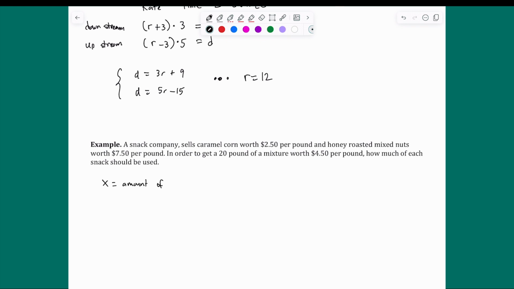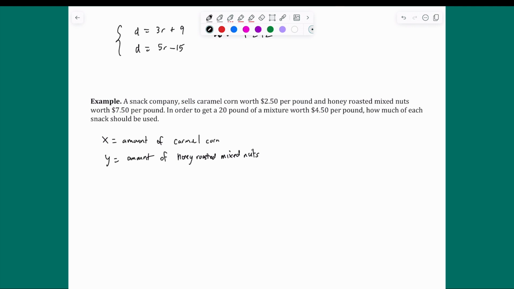of caramel corn, and Y equal the amount of the honey roasted mixed nuts, well, you're trying to make a 20-pound mixture, so one equation that you're going to get for sure is that the sum of X plus Y is 20.